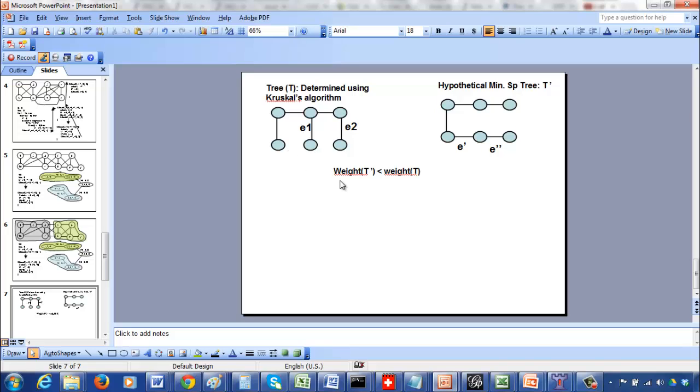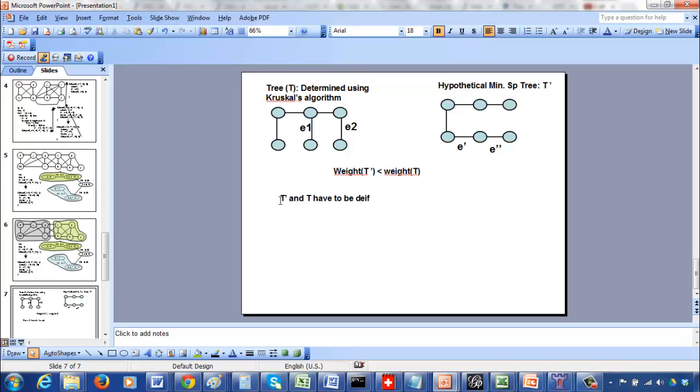We want to now argue whether such a situation is possible, whether such a hypothetical tree T prime can exist. Now if the weight of T prime has to be less than the weight of T, first of all, T prime and T have to be different trees.